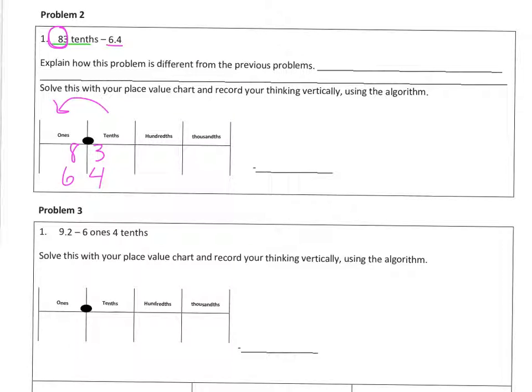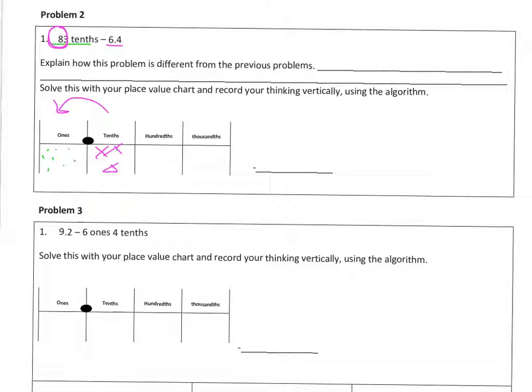So hold on, let's do it right with our dots. All right, 8 and 3/10ths. 1, 2, 3, 4, 5, 6, 7, 8, and 3/10ths. 1, 2, 3. And then minus 6 and 4/10ths. Okay, so we'd start with the tenths. Uh-oh, I've got 1, 2, 3, but I need to take away 4 tenths, and I only had 3 tenths.